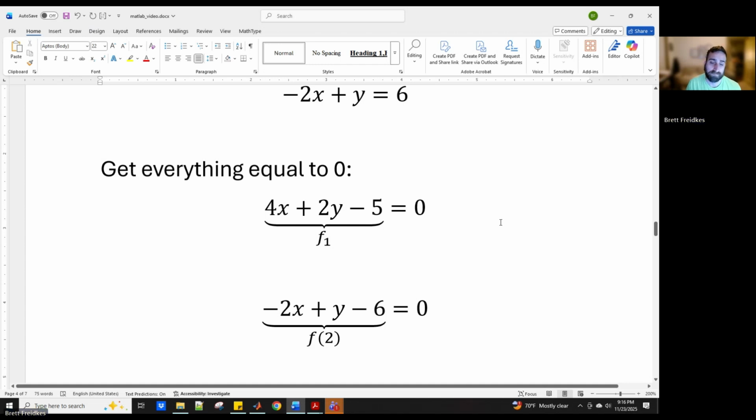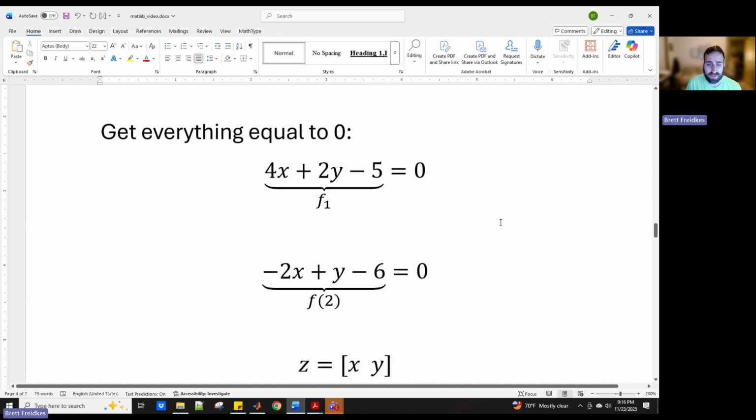These are our two functions that we're going to use in MATLAB to help us find the solution to the system. Now, the way that MATLAB does it, though, is that we do not reference two variables x and y like we did anonymously at the beginning of the video. Instead, what we're going to do is create one variable z that will secretly contain x and y within it in this type of format, where z is this vector that contains these variables.